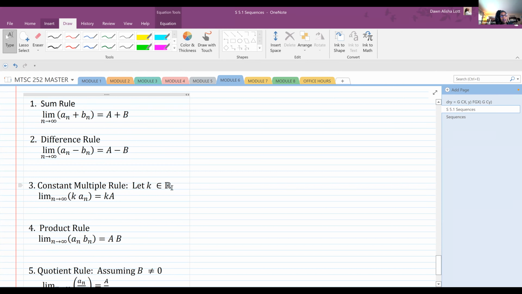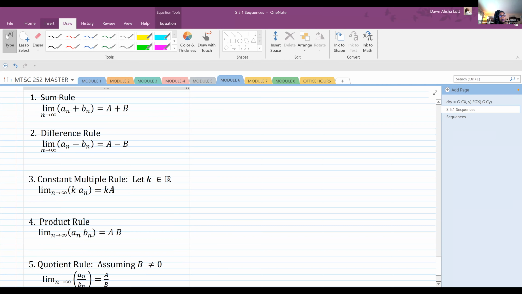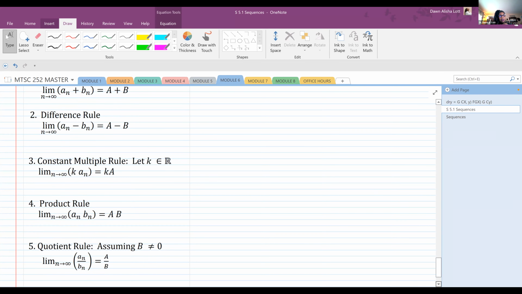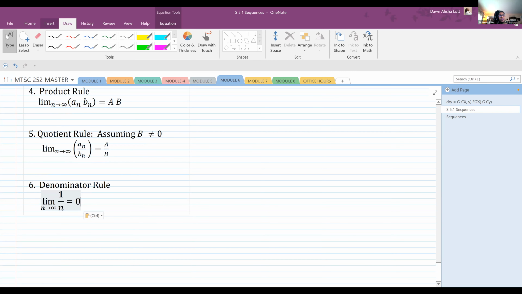Constant multiple. If k is a constant, and I do the limit as n approaches infinity of k multiplied by an, then I can pull that k out, just like I pulled that minus out up top, and I just get k times the limit. The limit of the product is the product of the limits. The limit of the quotient is the quotient of the limits.